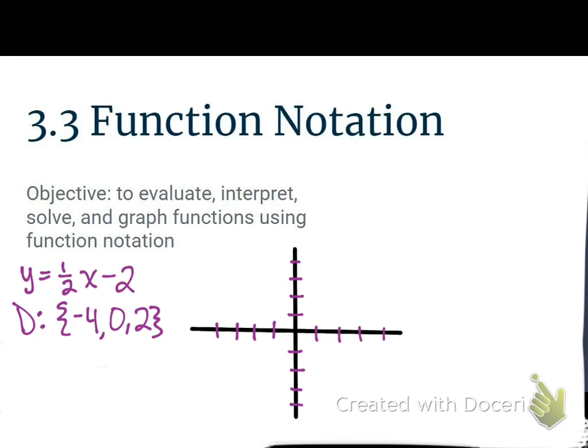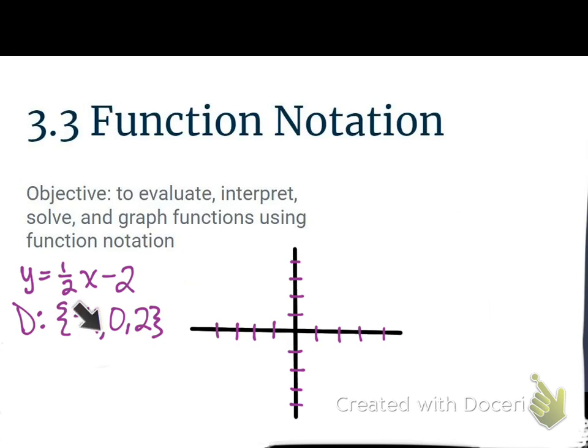And we are given a domain of -4, 0, 2. If I want to graph this function using this domain, what do I need to find? What am I finding? The range. We need to know the range or the y values if we want to plot these.